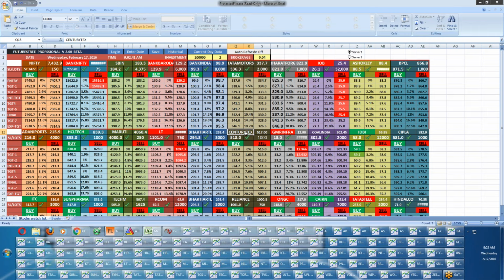Infy is also on news. Cipla is on news. I'll add Grasim.